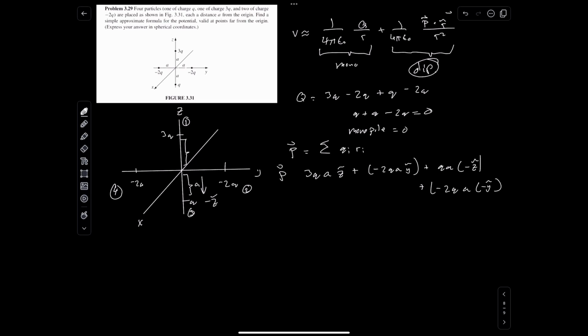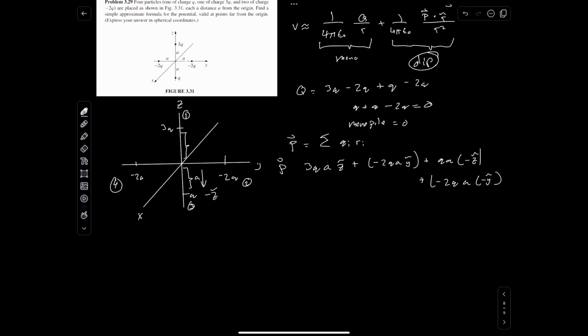So, just simplifying this further, our dipole moment is simply qa z hat minus 2qa y hat plus qa negative z hat. Actually, to simplify even further here, we could move that negative in front of the z hat. So this will be negative qa z hat.